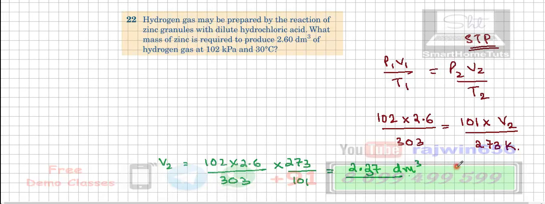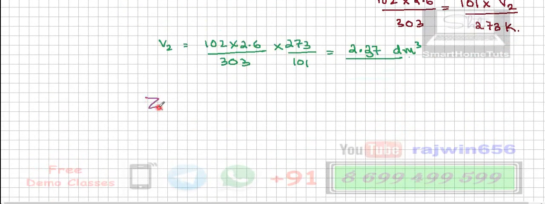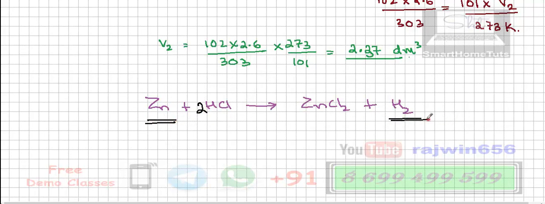Now we will come to the equation. The equation of zinc and hydrochloric acid is very simple. Zn plus HCl gives zinc chloride, ZnCl2, plus H2. The balancing of the equation is simple. You just have to multiply HCl by 2. But we are considering over here zinc and hydrogen.